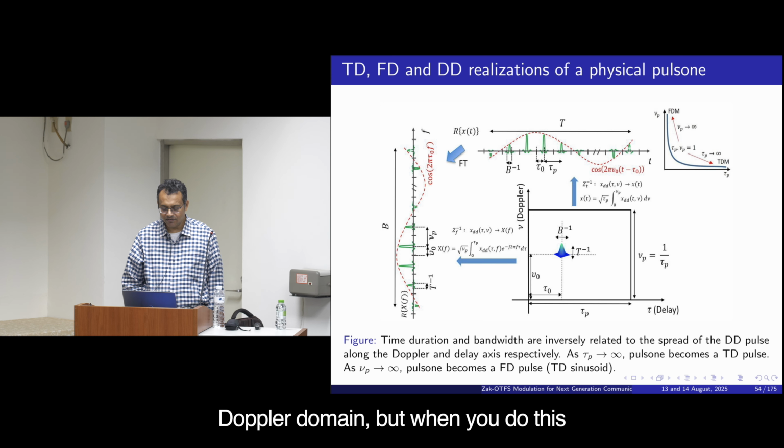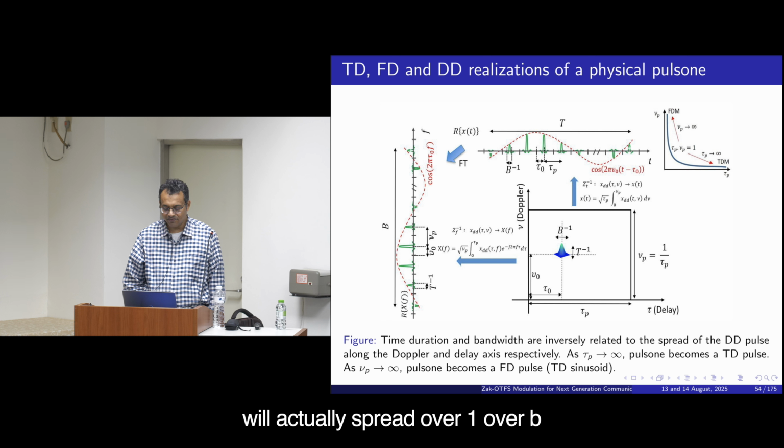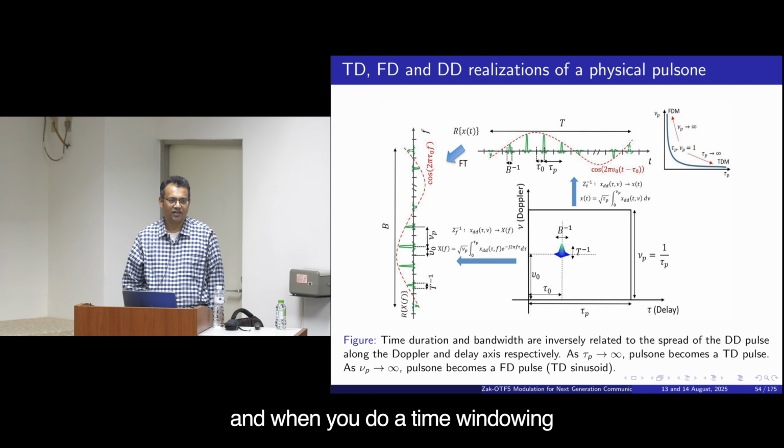But when you do this filtering with the sinc, this Dirac delta will spread over 1 over B. And when you do a time windowing over T seconds, the same pulse will then spread over 1 over T along the Doppler.